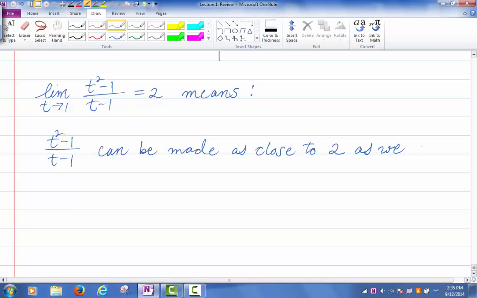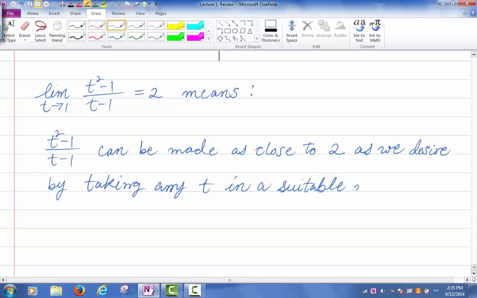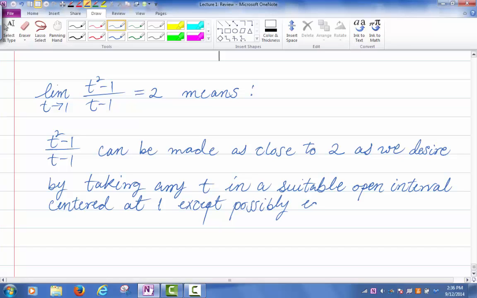Well, as close to 2 as you want to, by taking any t in a suitable open interval centered at 1, except possibly equal to 1.